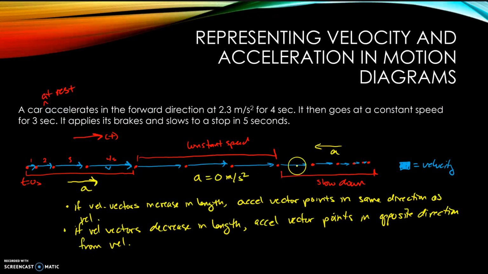These velocities are all positive. They're all pointing in this positive direction, but because they're decreasing in length, my acceleration is pointing to the left. This would actually be a negative acceleration. Because I made my motion diagram and drew my velocity arrows, I noticed that they're decreasing in length with time, which means my acceleration points in the opposite direction.